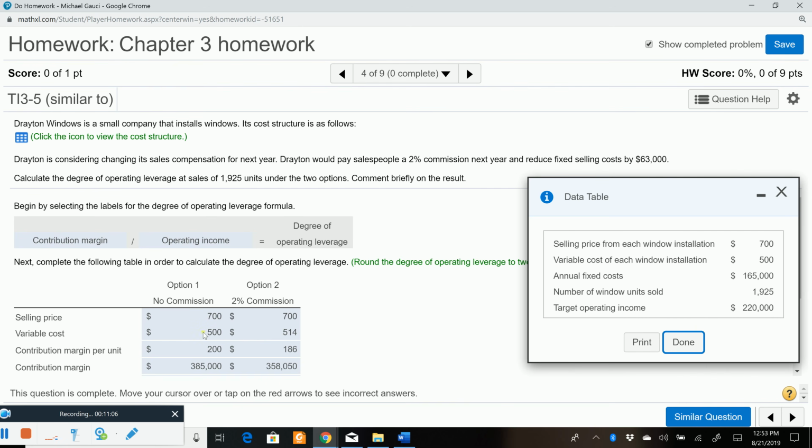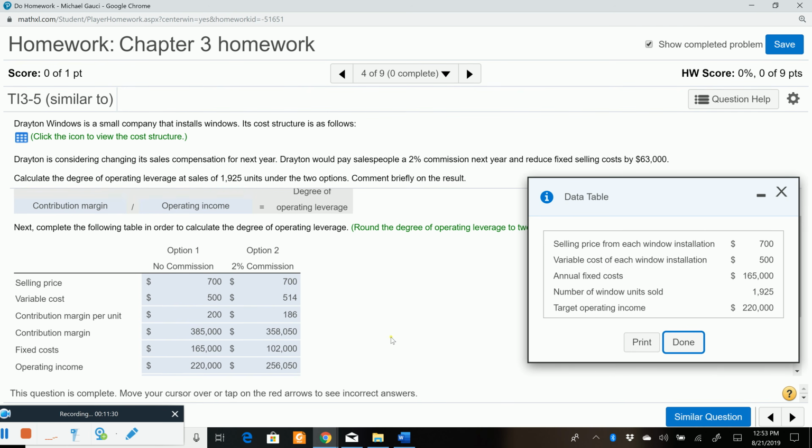Selling price less variable cost gives you contribution margin per unit. All right, and then of course, when we have 1,925, 200 times 1,925, that'll give us our contribution margin. With the 2% commission, 186 times 1,925, you can see the contribution margin is lower.